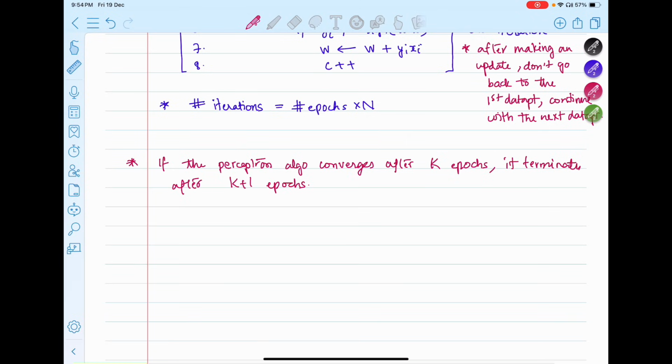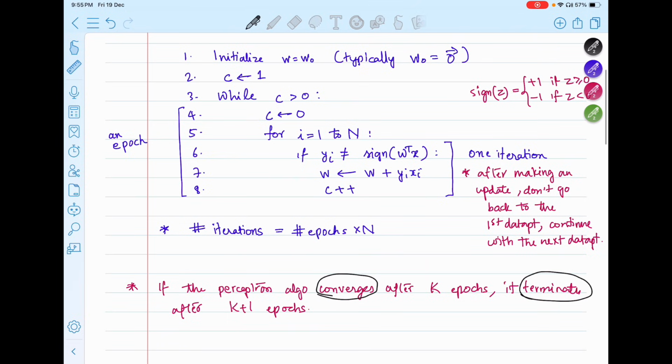So what is the difference? The difference is whether it converges or it terminates. So it converges early, right? But if you notice the algorithm carefully, you'll understand that there will be one more epoch which will be run, which will have no updates, and then we will understand that the algorithm has converged, and then we stop the algorithm.